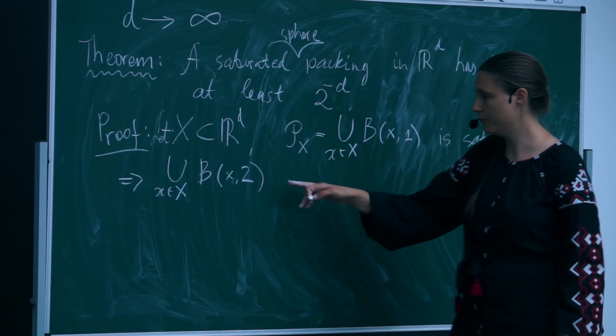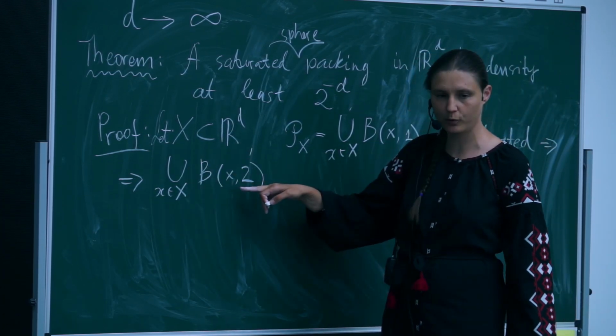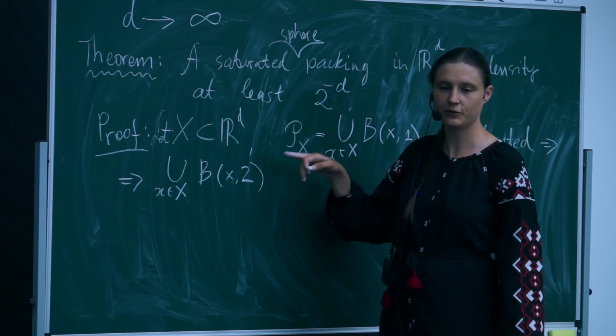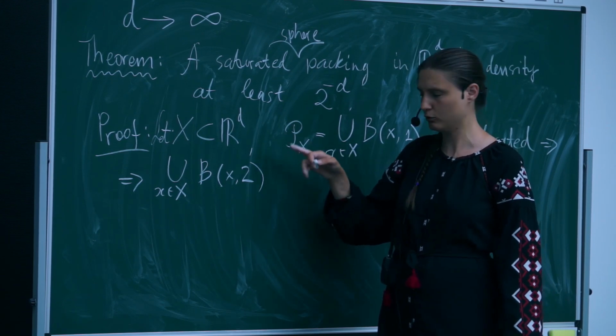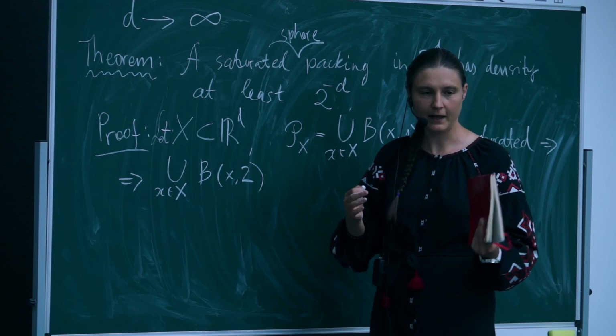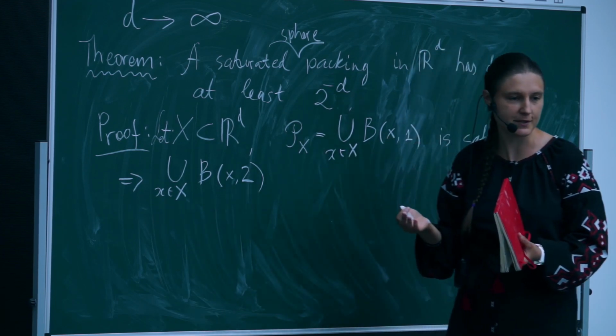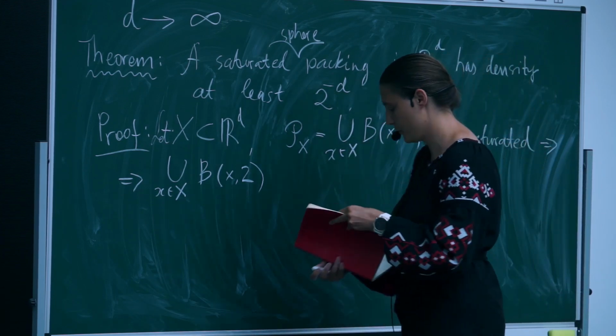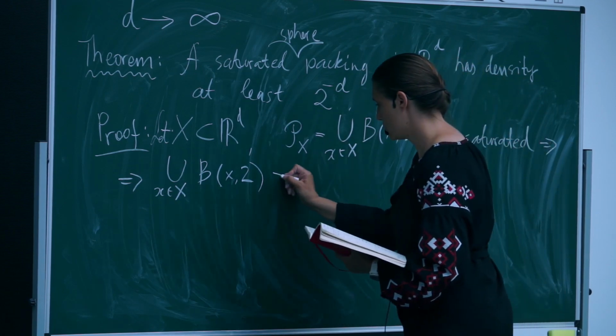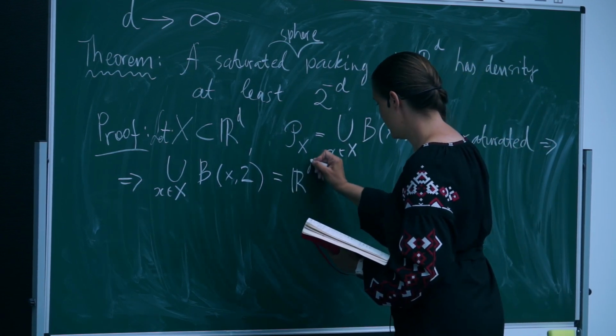Because if there is some point which is not covered by these balls, then we can choose a new center there and add a ball, and it will not intersect with previous spheres. So this contradicts our assumption. So we see that this is R^D.